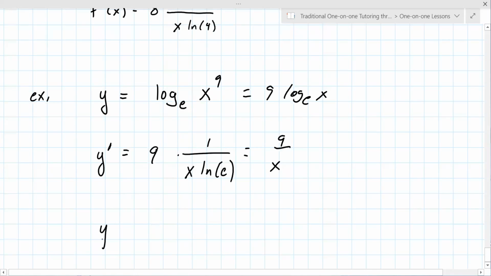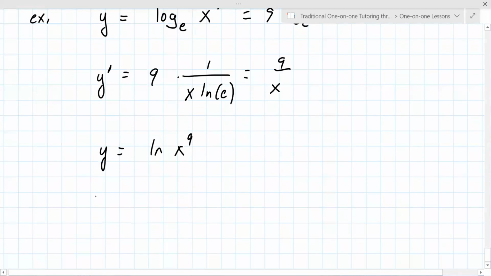Now in a related question, the natural log of x to the 9th, what is the derivative of this? So the shortcut is you bring this 9 out in front, right? It's 9 times the natural log of x. And then it's 9 times 1 over x, because with 9 natural log of x, the 9 always comes down.